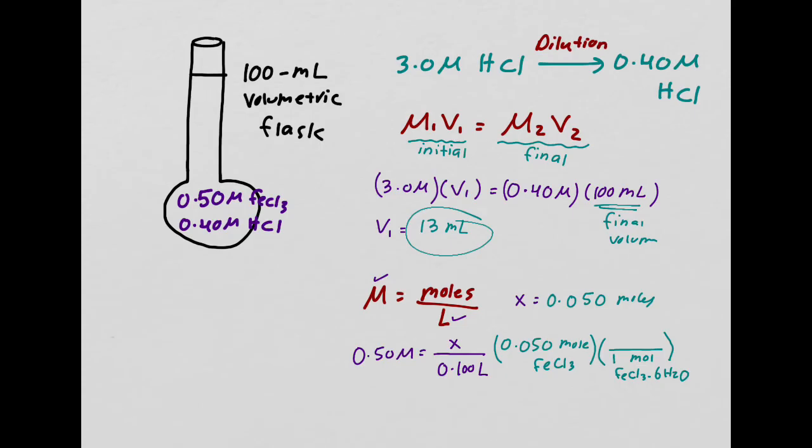Okay, now unpause me. So what did you get for molar mass? Hopefully you got something along 270.3 grams per mole. So again, that is the molar mass of iron 3 chloride, which happens to be a hydrate, the one we have in the lab. So I have the moles. I have to multiply it by the molar mass to end up getting the grams, the mass that I want.